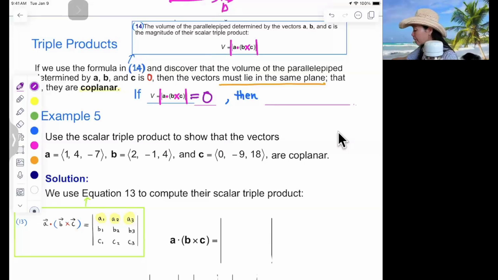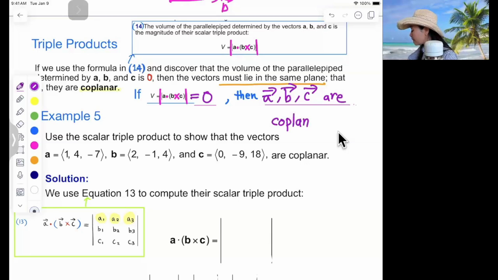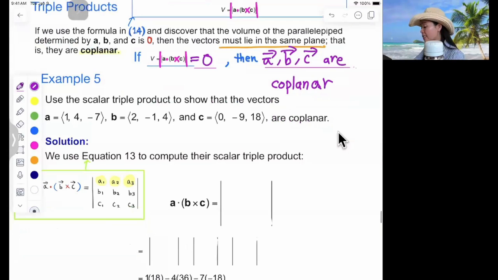Then A, B, C are coplanar. So that provides you a way to determine if they lie on the same plane or not. You calculate the scalar triple product and see if you get zero, the zero scalar. If it equals 0, then they lie on the same plane. Okay, let's try the next example.